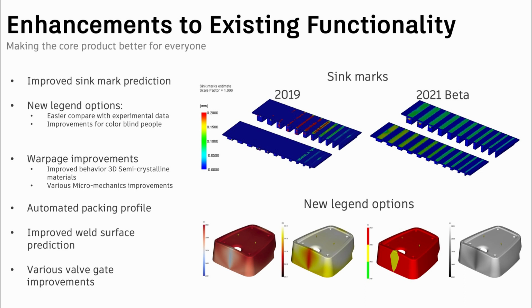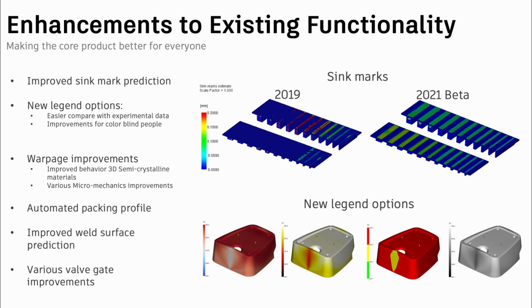Also made some good improvements in the weld surface predictions. We've seen in some cases the weld surfaces that are important for, let's say, linking Moldflow results to Helius PFA for structural purposes, those weld lines were sometimes disconnected or spotty.